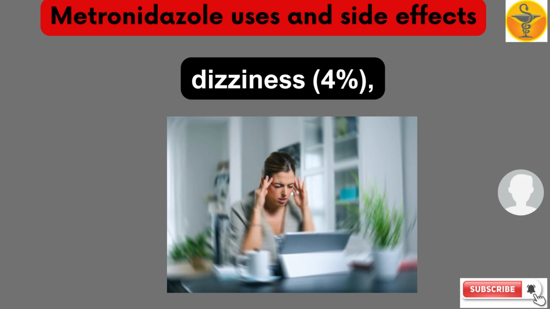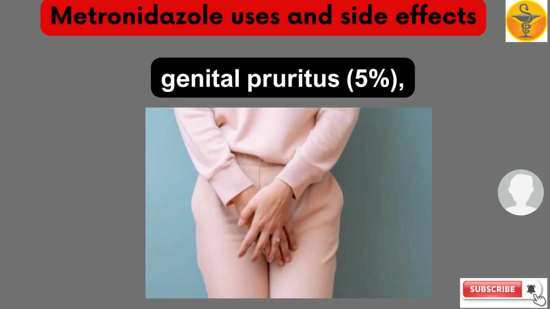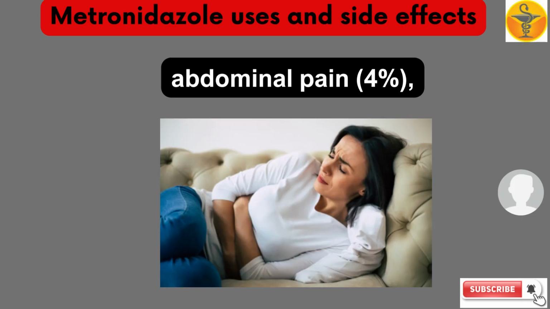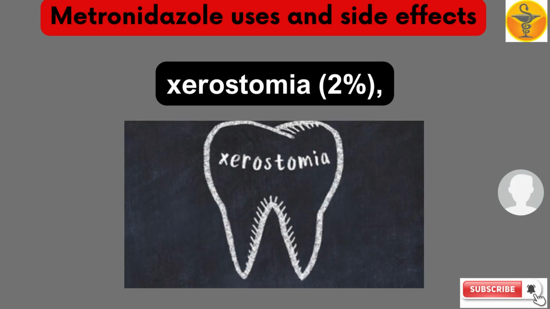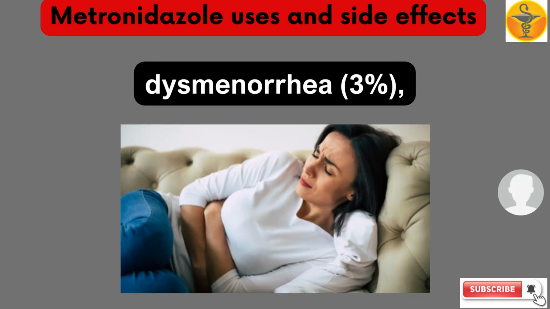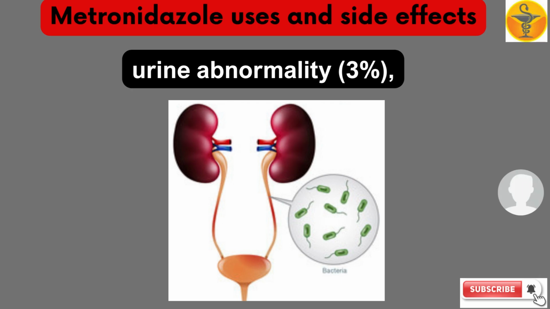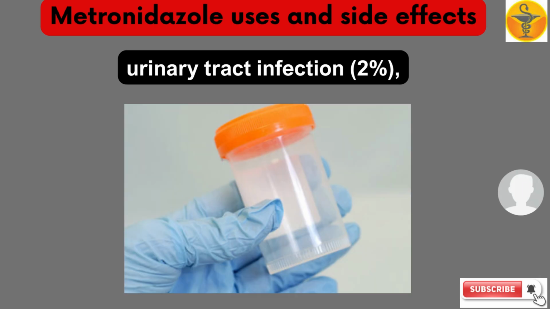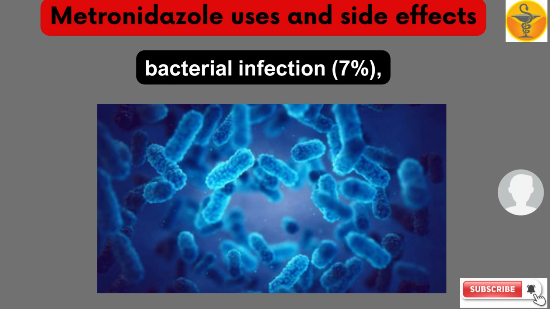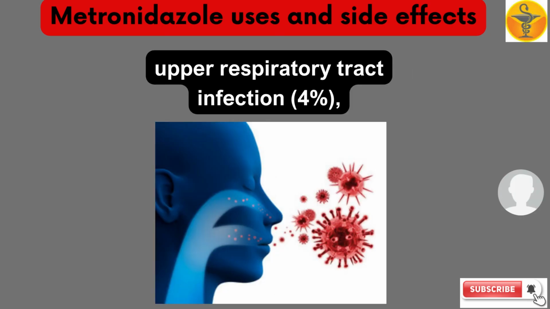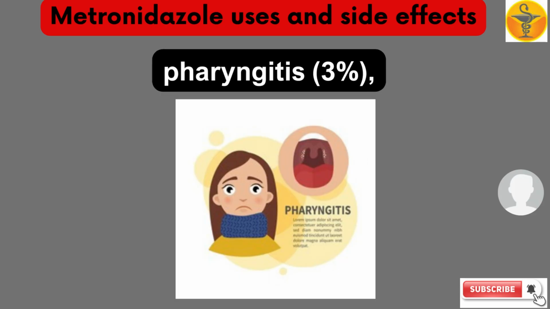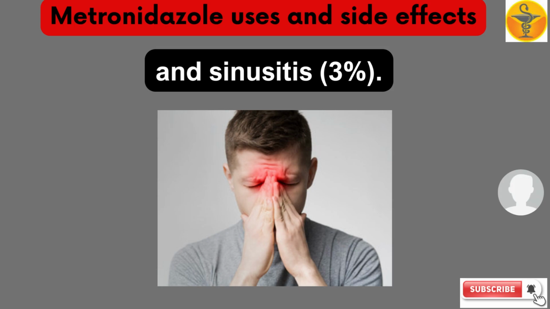dizziness 4%, genital pruritus 5%, abdominal pain 4%, diarrhea 4%, xerostomia 2%, dysmenorrhea 3%, urine abnormality 3%, urinary tract infection 2%, bacterial infection 7%, candidiasis 3%, flu-like symptoms 6%, upper respiratory tract infection 4%, pharyngitis 3%, and sinusitis 3%.